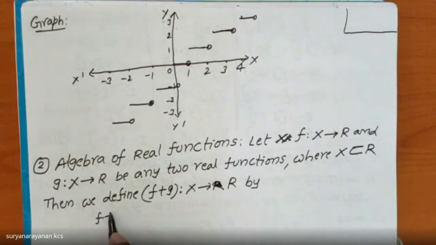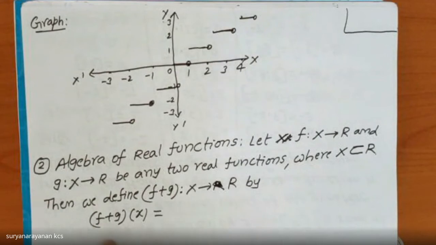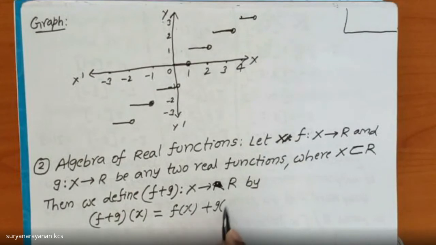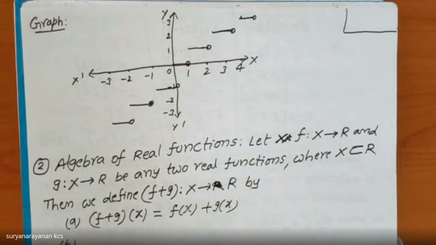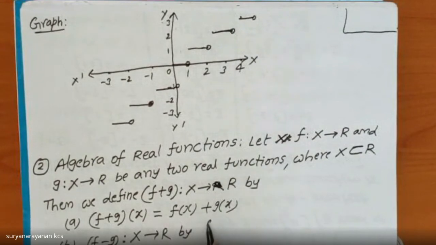And we define f plus g of x. F plus g of x is equal to f of x plus g of x. This is the sum of these two functions. Similarly, f minus g is a function defined from X to R, and we define f minus g of x.